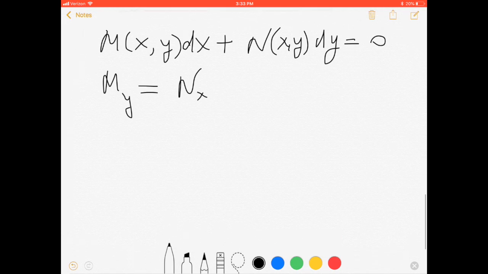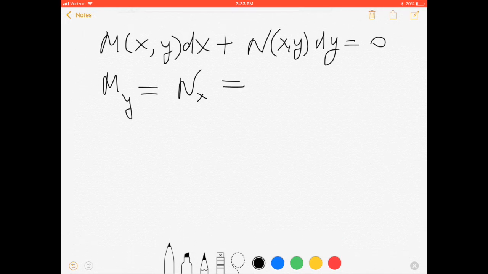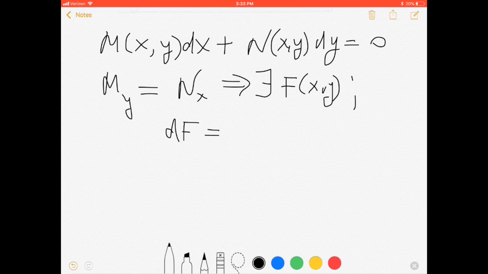And this means there exists some function f(x, y) such that the differential df is M dx plus N dy. And we need to find the function f. I'll show in an example how we do it.